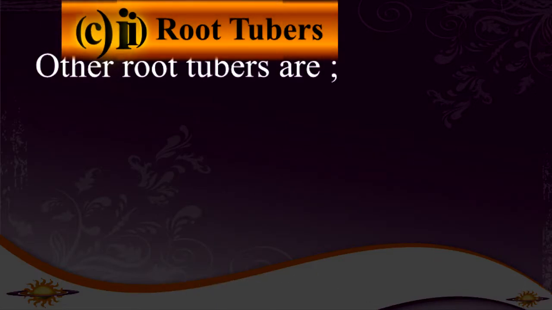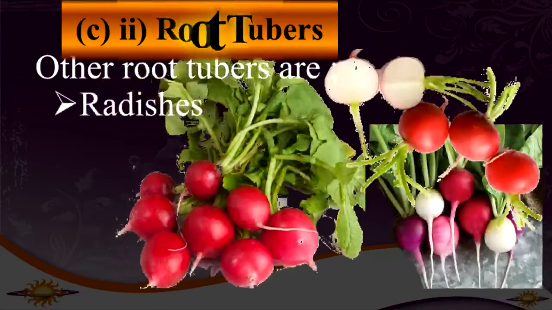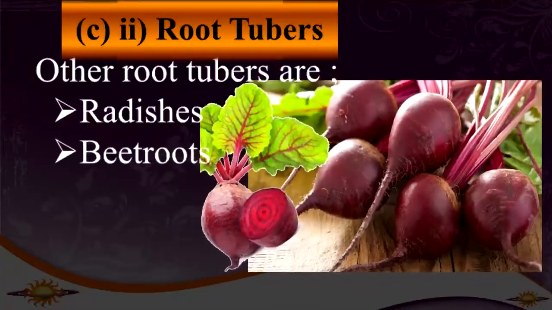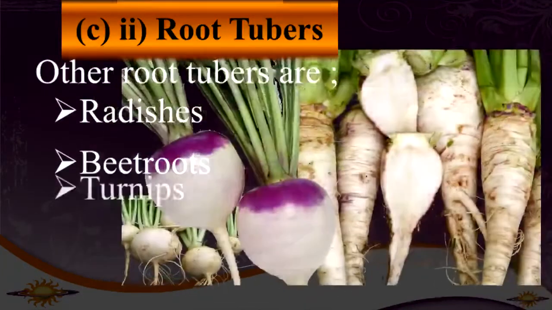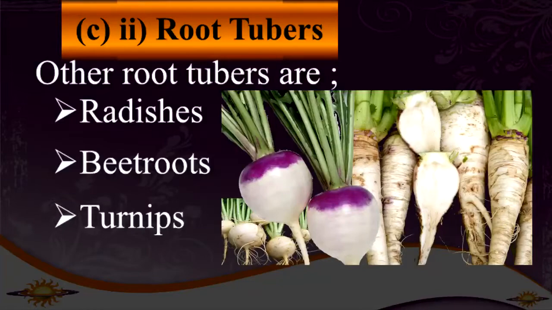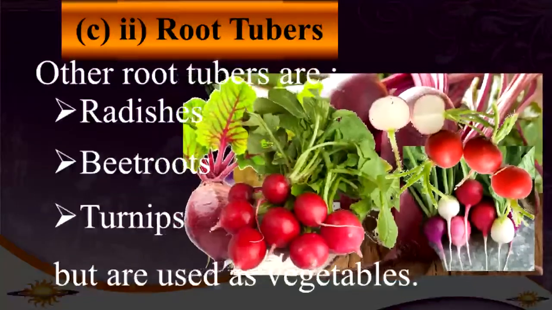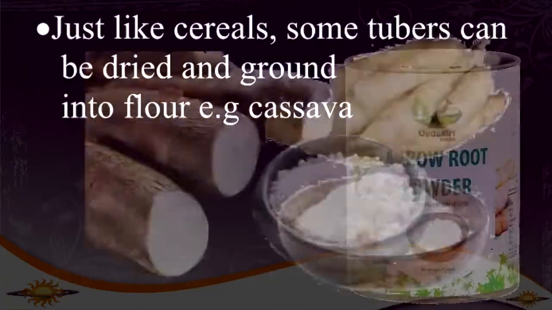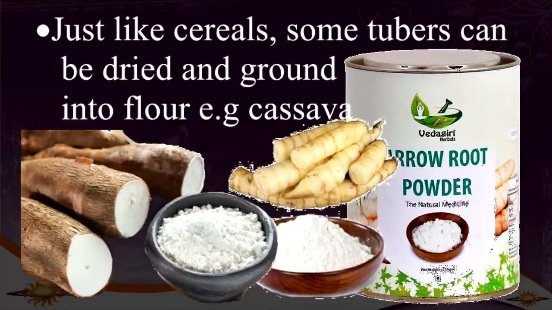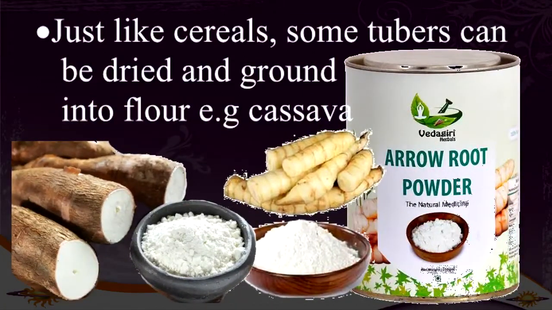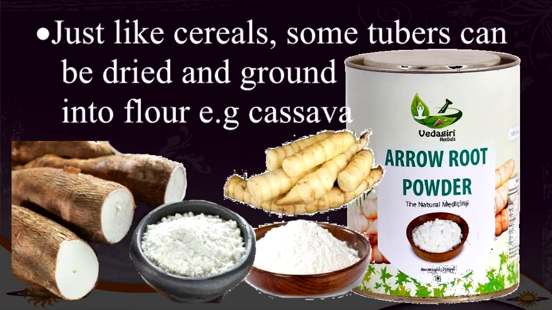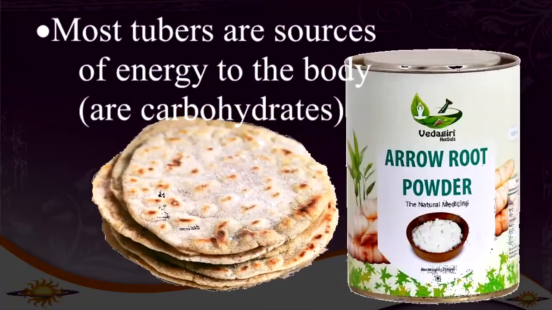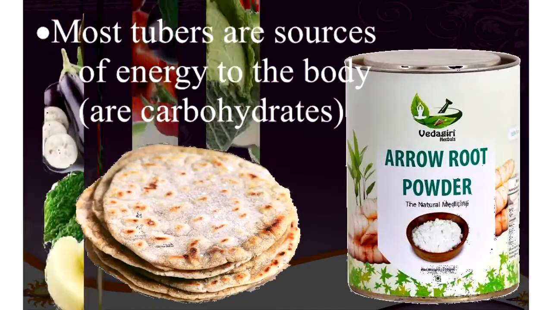Other root tubers are radishes, beetroots, turnips, and they are mostly used as vegetables. Just like cereals, some tubers can be dried and ground into flour. A good example is cassava. Most tubers are sources of energy to the body, and so are carbohydrates.